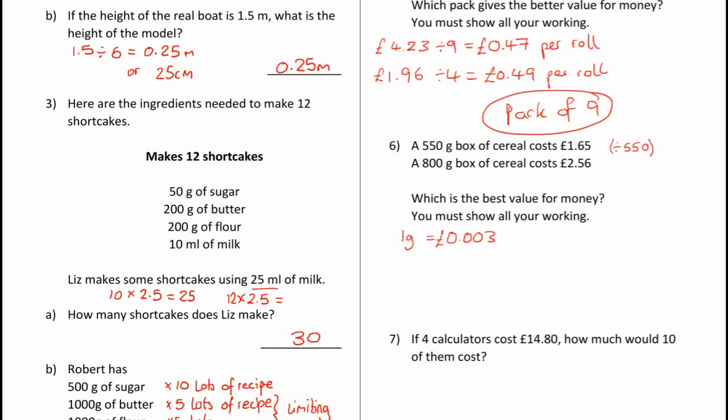I'll tell you what, let me just do this. Just show my working. So this one, £2.56, and I'm going to divide by 800 to find the cost of 1 gram.